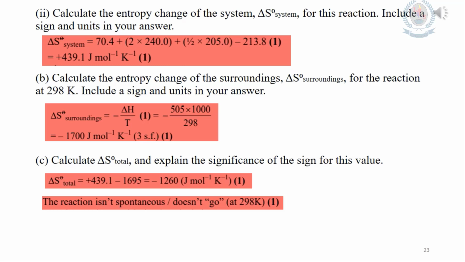You can just substitute the values you calculated in part A and part B, and you can get the answer minus 1260 joule per mole per Kelvin. Here, delta S total is a negative value. So we can say the reaction is not spontaneous, or does not go at room temperature, 298 Kelvin.